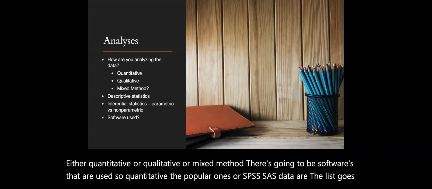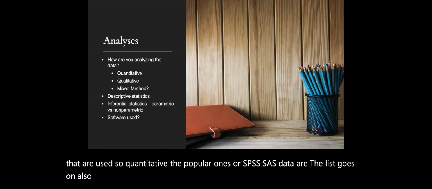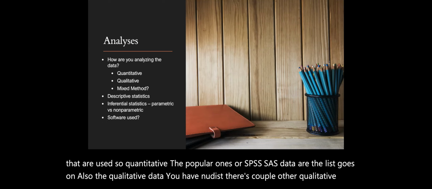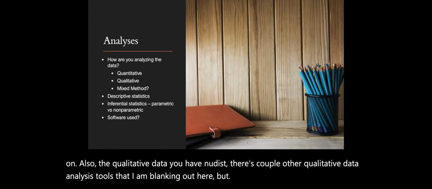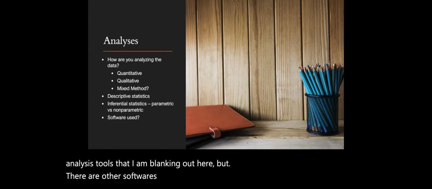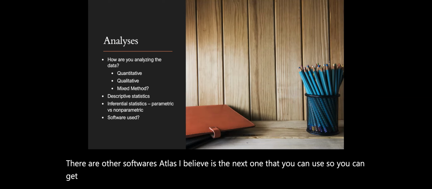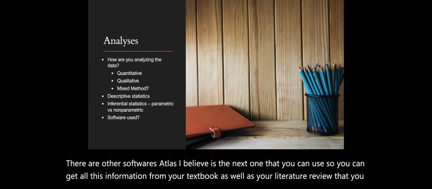Also, the qualitative data, you have Nudist, there's a couple other qualitative data analysis tools that I am blanking out here, but there are other softwares. Atlas, I believe, is the next one that you can use. So you can get all this information from your textbook as well as your literature review that you had submitted earlier this week.